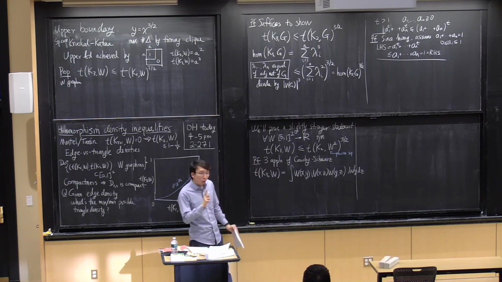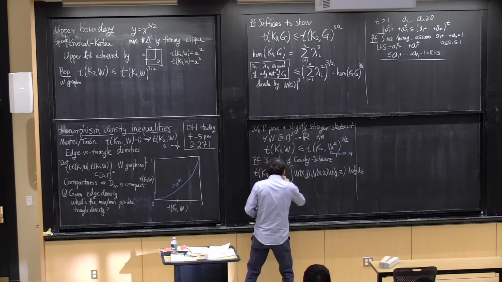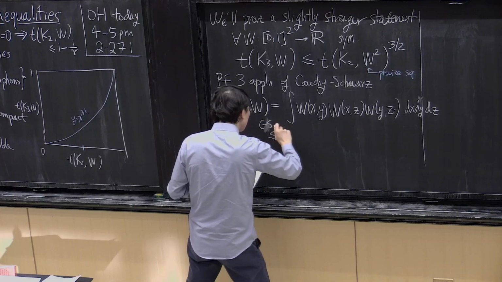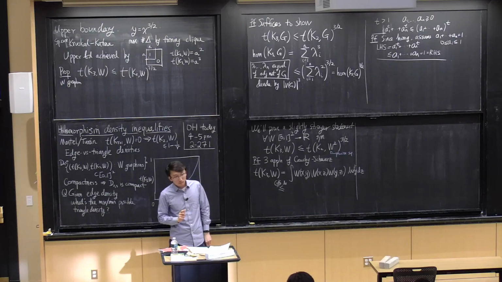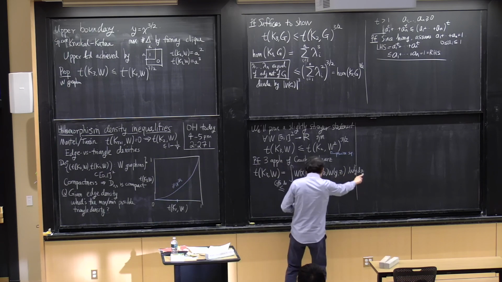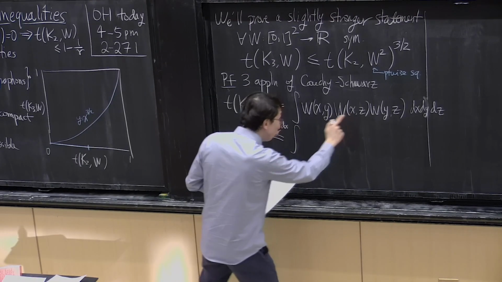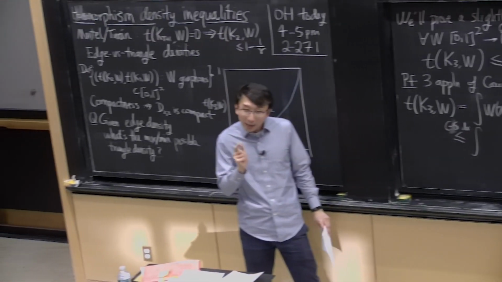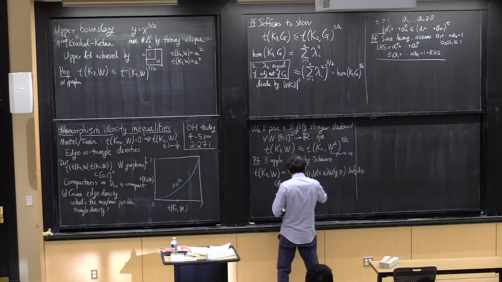I'm going to apply Cauchy-Schwarz to the variable x, okay, holding all the other variables constant. So hold dy and dz constant. Going to apply to dx. You see there are two factors that involve the variable x. So apply Cauchy-Schwarz to them. You split each of them into an L2.